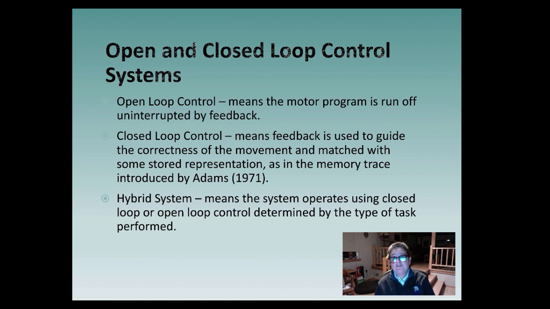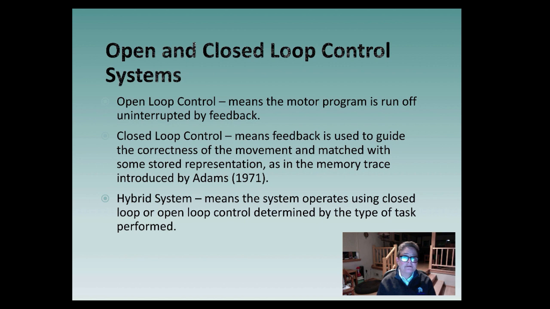And that's matched with some stored representation. For example, in Adams' theory, you have the memory trace that's compared with the perceptual trace. And if everything's going okay, then I have a match. And it takes up very little resources in my information processing system that, you remember, has a limited capacity.